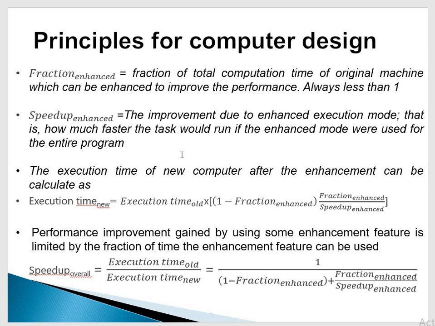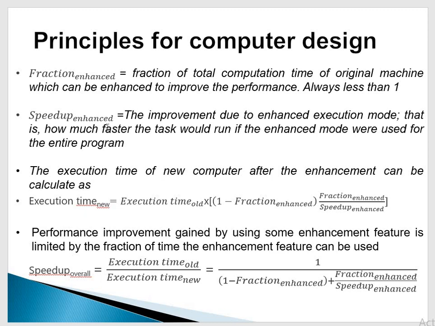Whatsoever enhancement we have done in the execution mode, and due to that enhancement, what is the improvement in the performance in terms of speed, that is called speed up enhanced. So it is how much faster the task will run if the enhancement mode will be used for the entire program. It will also give us this idea.